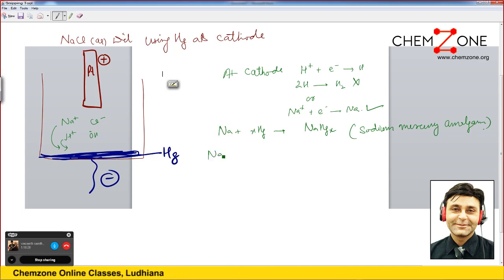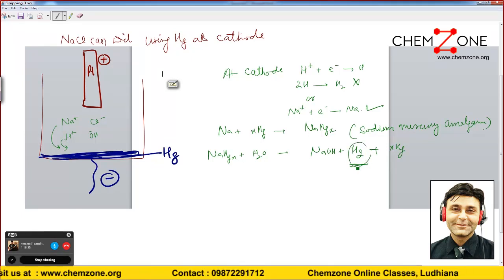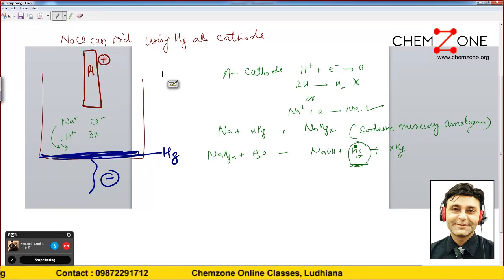So this sodium mercury amalgam reacts with water and produces NaOH plus hydrogen gas and mercury. Again the product is hydrogen, what we are expecting, but what gets reduced is the sodium. The two things are different.